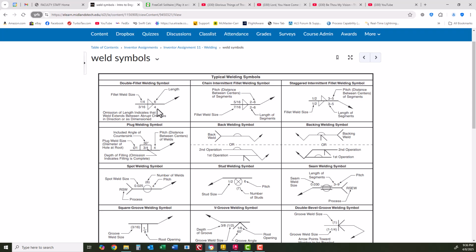Now over on this side is the length of the weld. So you'd run this weld bead for 4 inches. It would be a 3/16 weld for 4 inches. In this case, a 1/4 inch weld for 6 inches. In this case, you've got a distance between the centers of the weld.